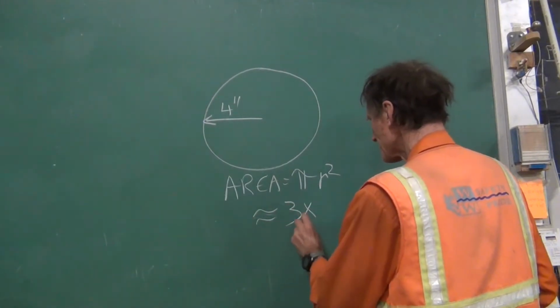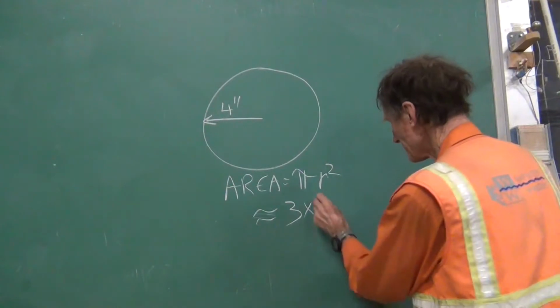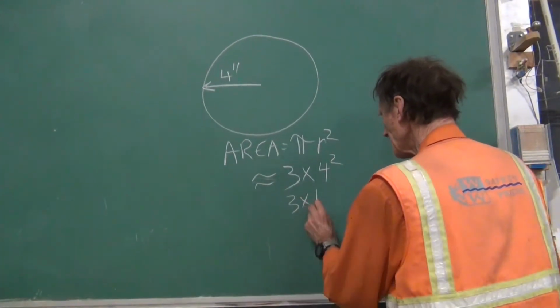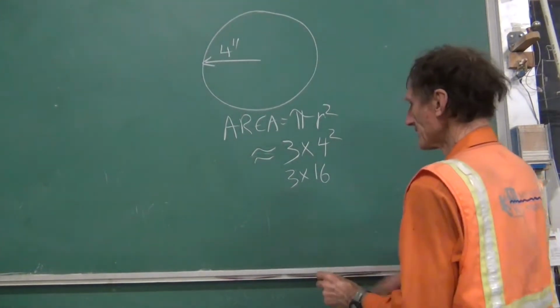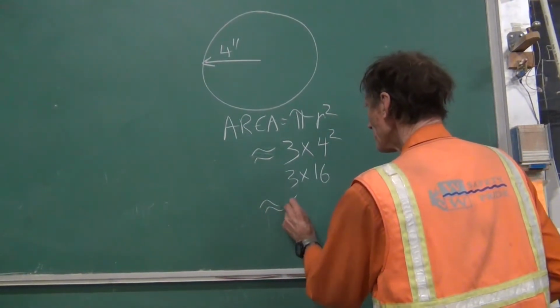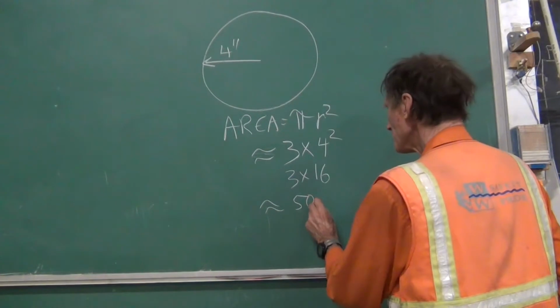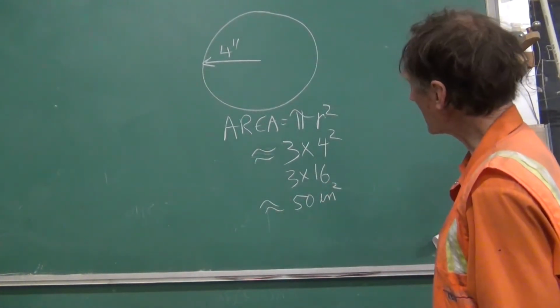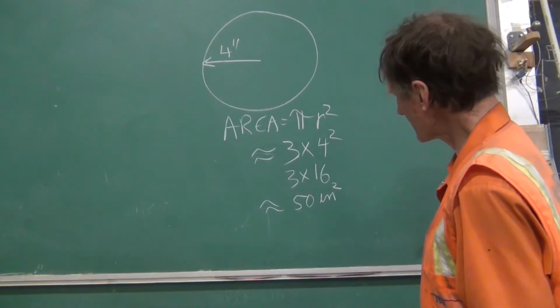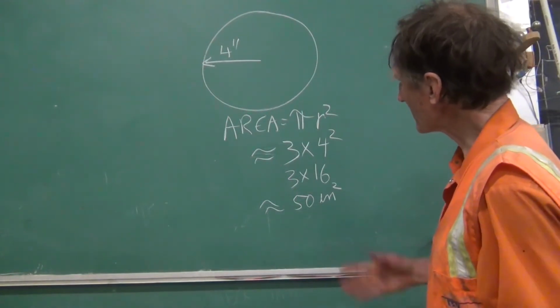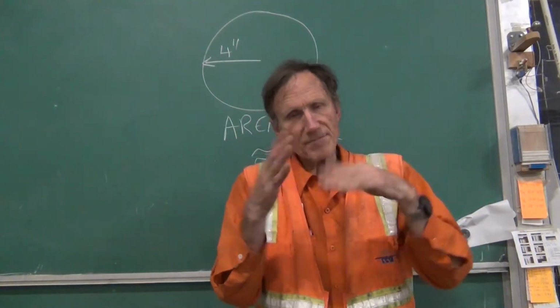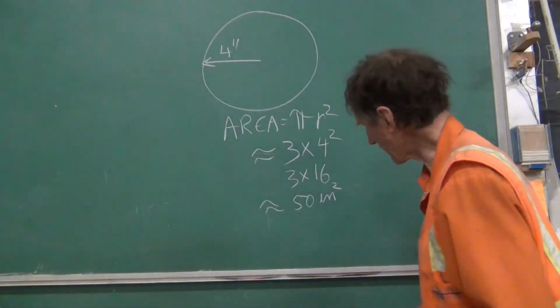So 3 times 4 inches squared, and that's 16. So 3 times 16, that's about 48. That's exactly 48. So I can say it's about 50 square inches. Yeah, 50. That's okay, because if it was like 7 by 7, it'd be 49, and it's 8 and round, so 7 by 7 would be 49, so about 50, roughly.